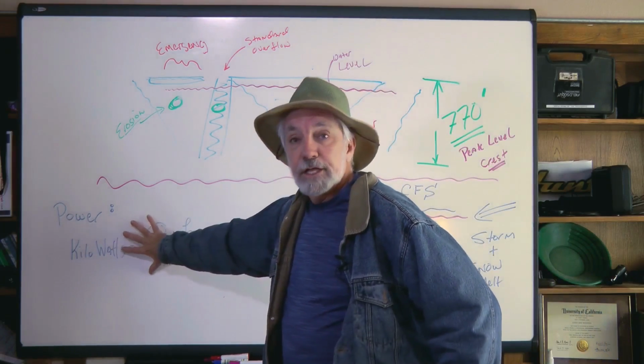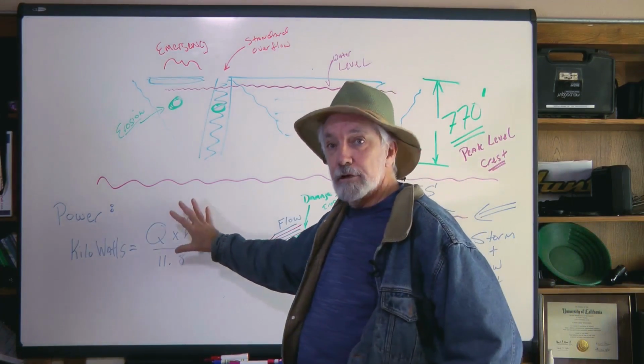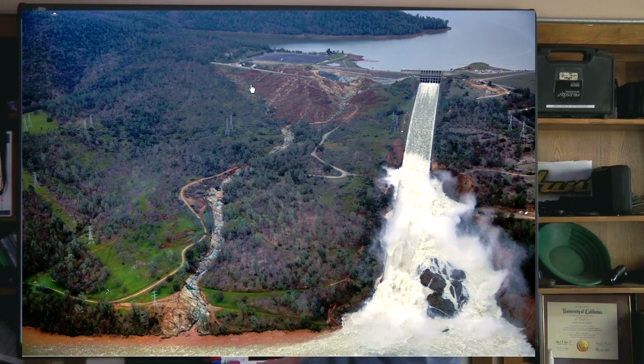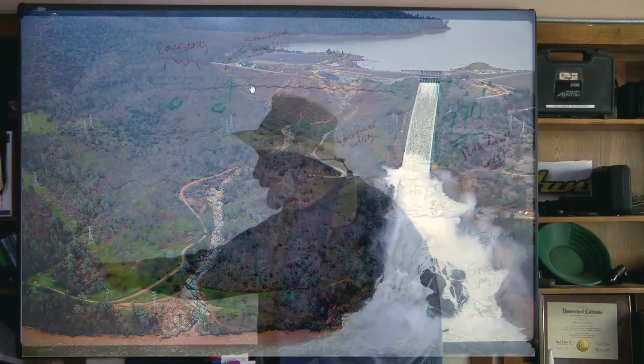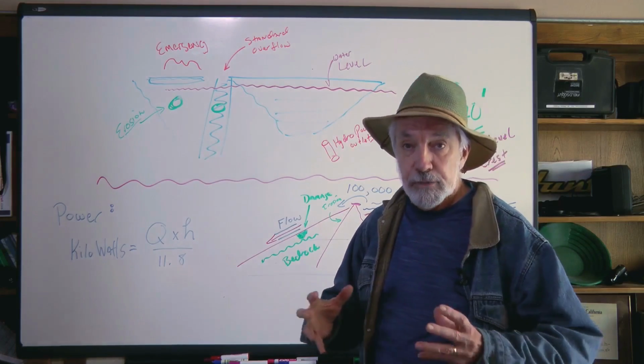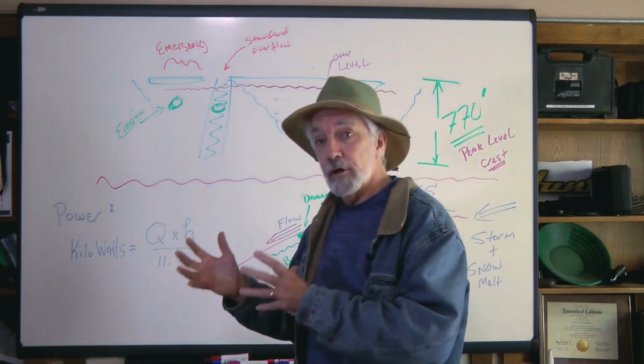But the main thing I want you to look at here is this power equation. This power equation has to do with how much energy comes from flowing water as it drops, specifically the potential energy to kinetic energy, which shows up, and we can refer to it in terms of kilowatts. That's the amount of watts, that is the amount of energy consumed over a period of time.